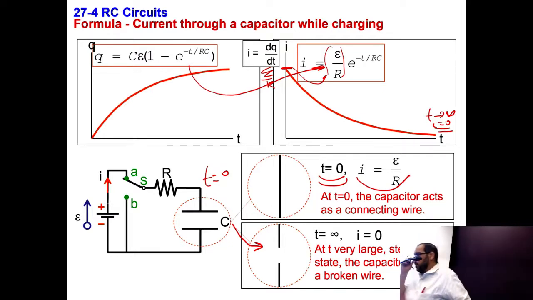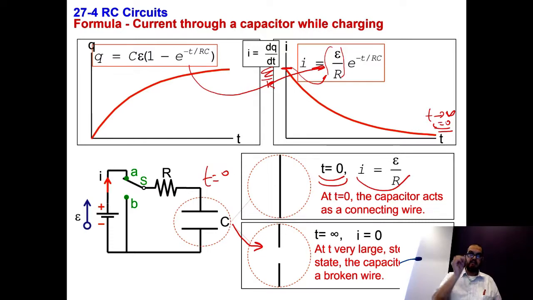So when you solve a problem and the statement says immediately after switching, that means t equal to 0, you can always assume that the capacitor is like a short circuit, like a connector. But if it tells you steady state, meaning t approaching infinity, you can assume the capacitor is like a broken wire. So there is no current flowing in the branch that has the capacitor when t reaches infinity.